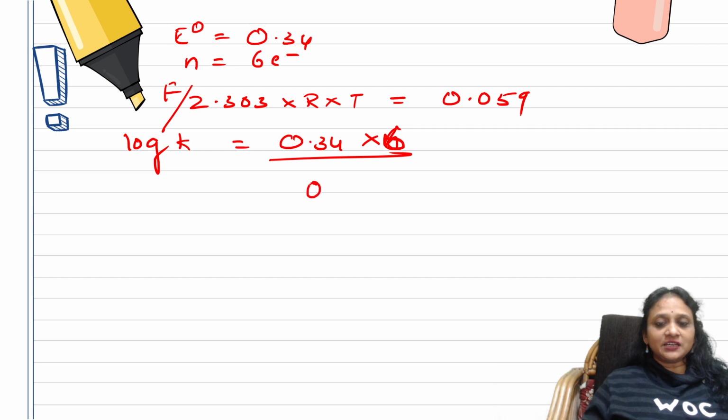So I am writing that value here. Correct, my students? So basically, 1 by 0.059, I think you understood how we have got. So F by this value. So here, once we solve, I'm going to get an answer around this one.